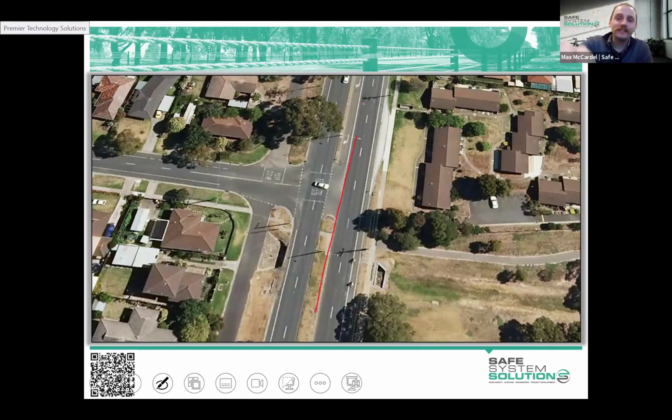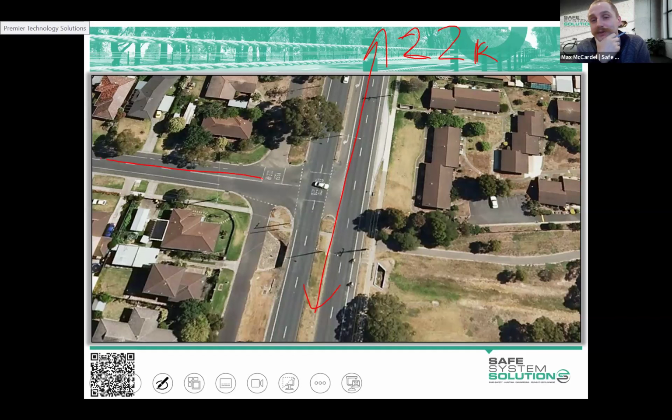So this north-south leg, the main thoroughfare, is an arterial road. There's about 22,000 vehicles a day. The minor leg here is a local street.